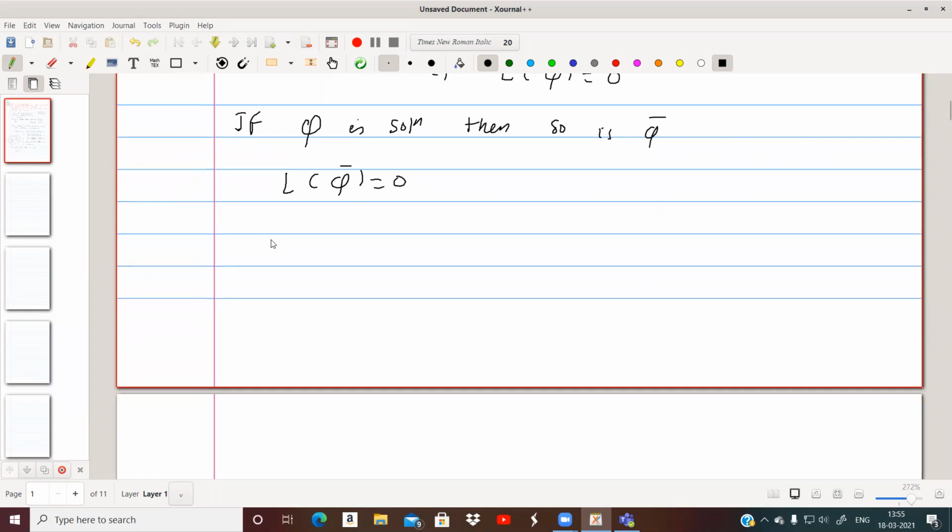Now you want to show that the real part of phi satisfies this. By the formula of the real part, you can write phi plus phi-bar divided by 2.